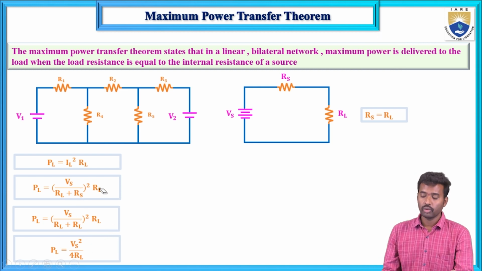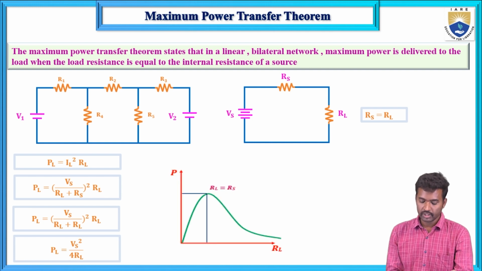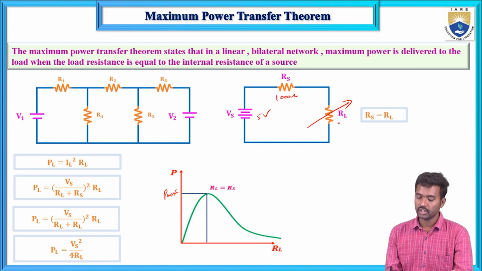Now if you see the graph first, this is the graph. Here is the P maximum. This is a variable resistance, so change the resistance value. Suppose this is 1000 ohms, this is 5 volts, and here I change the resistance value. The load resistance is variable, and the power delivered to the load increases as you increase the resistance.